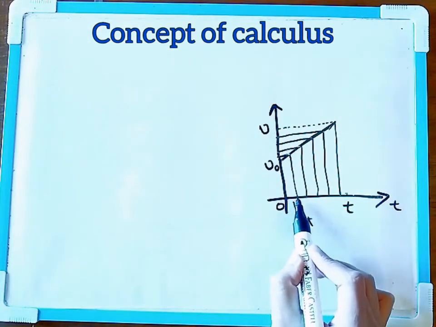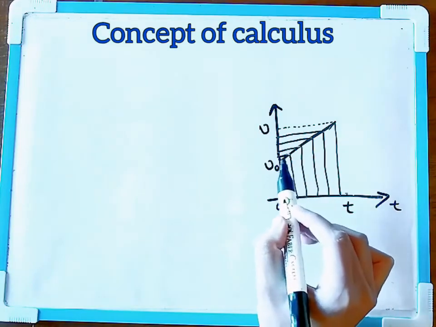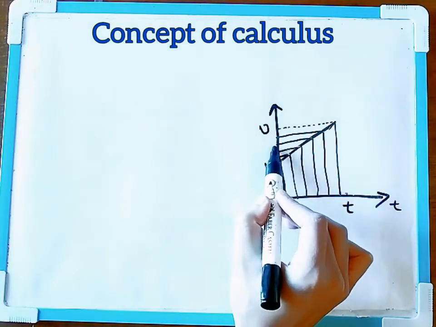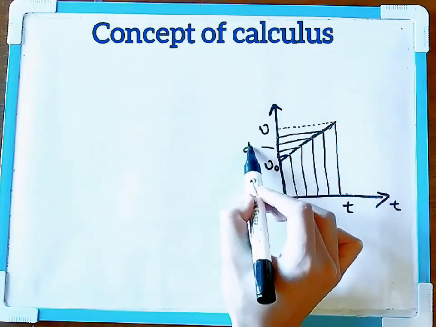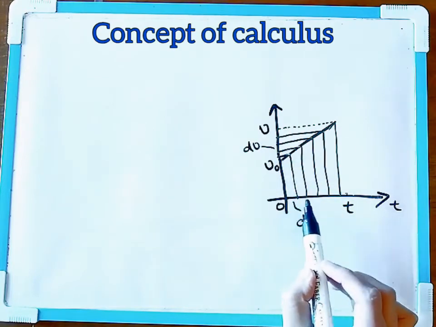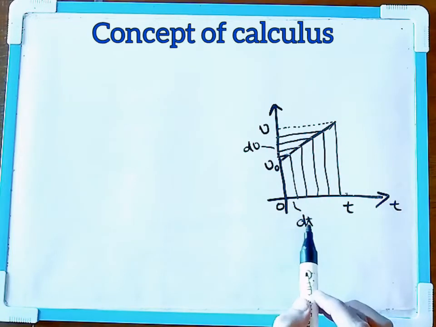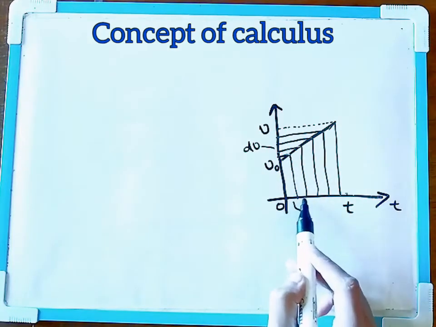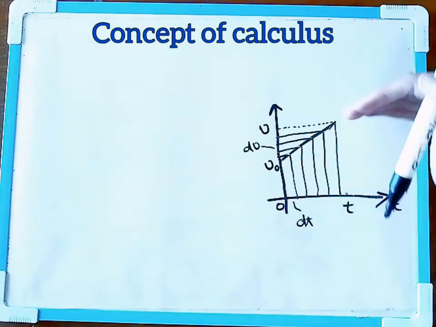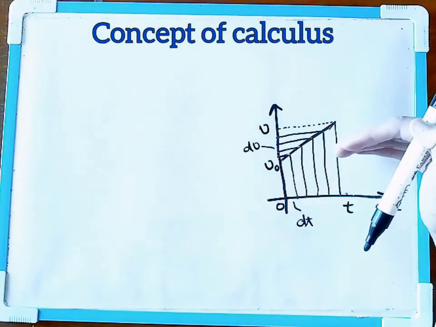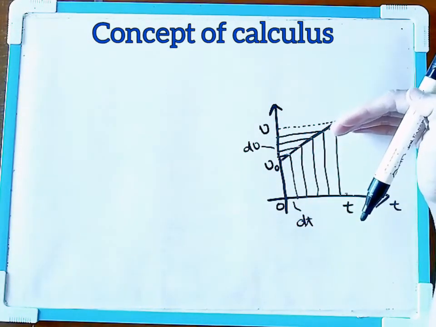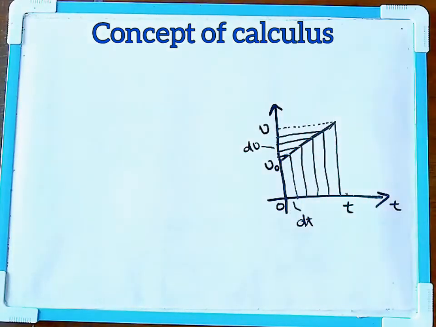So in this time interval there is an increment dv. From here to here, the change in velocity is dv. So in dt, the change is dv. There's an increment after each time interval: dv, dv, dv, till you reach v.